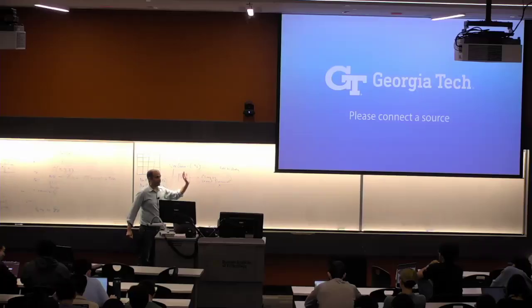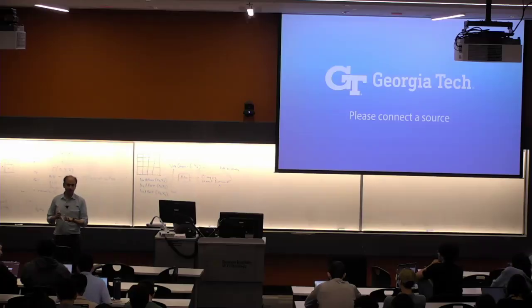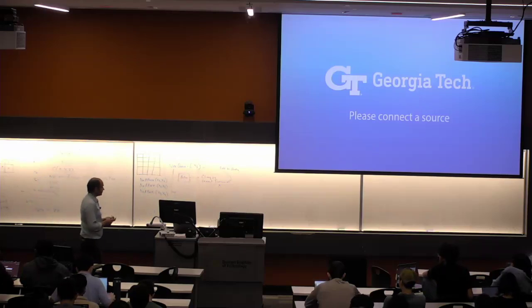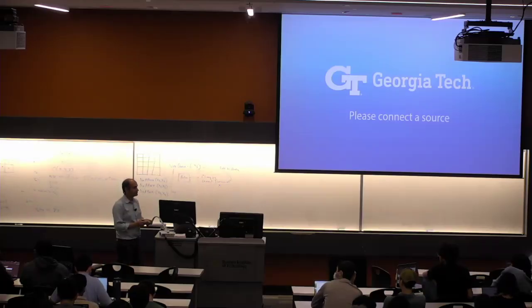We keep doing it until what can happen? Either the domain of one of the variables is empty, or what else? We find a solution. Are we guaranteed to find a solution?